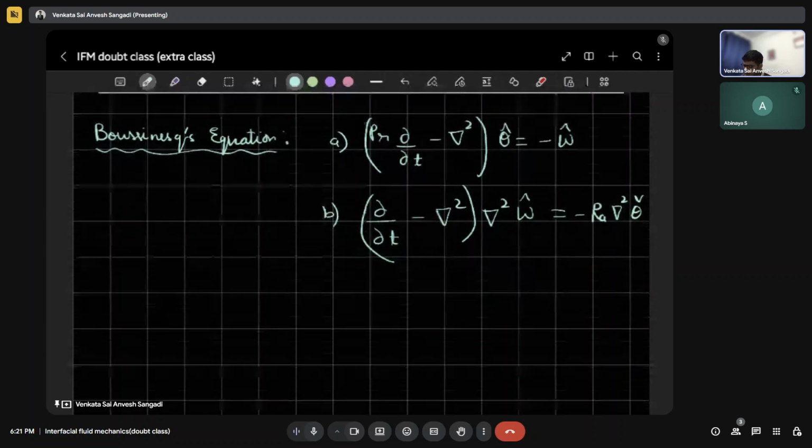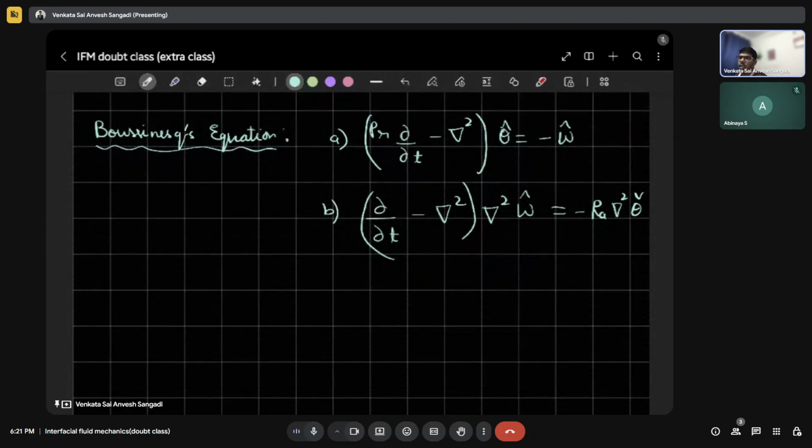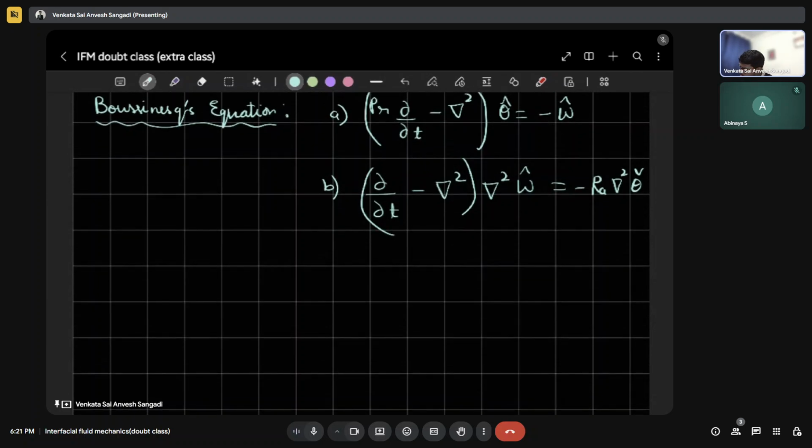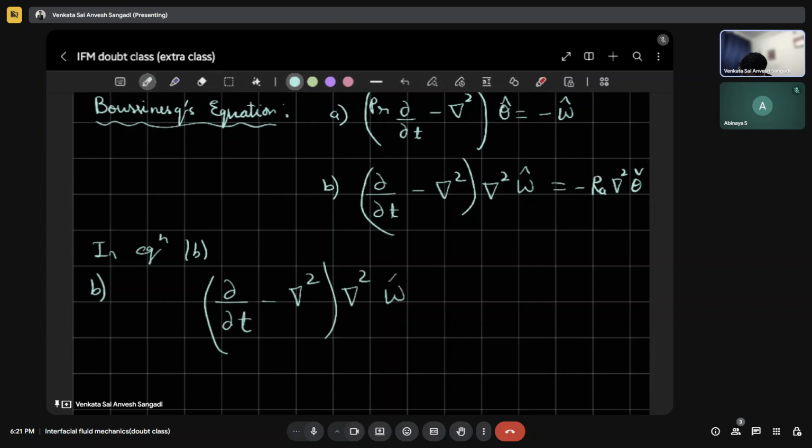One of the assumptions that we make in equation B, d by dt minus del square omega cap equals minus Rayleigh del square theta reverse cap, is the following.